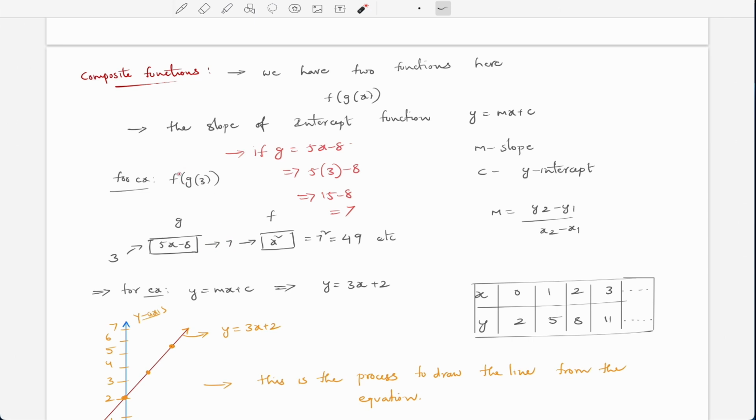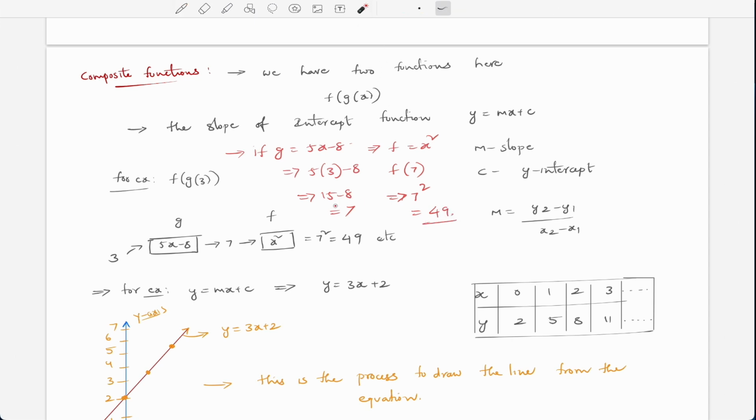So in the f function, we have f equal to x square. If we plug in the value 7 in the f function, we just plug in the g value here, which is f of 7. So the value becomes 7 square, which is 49, right?